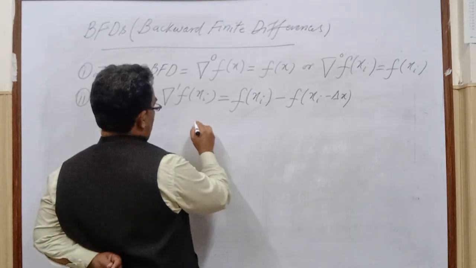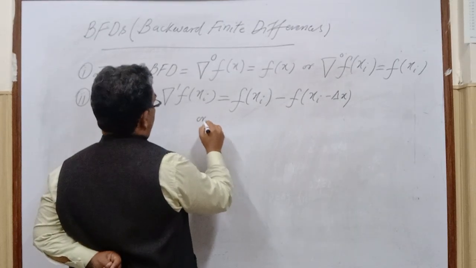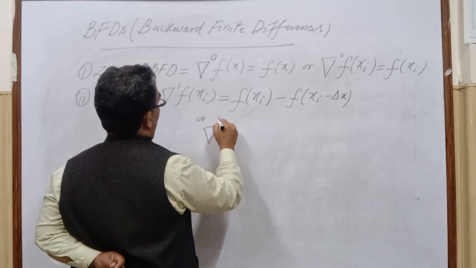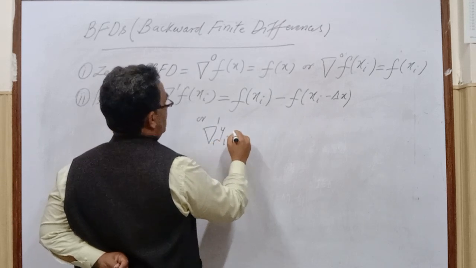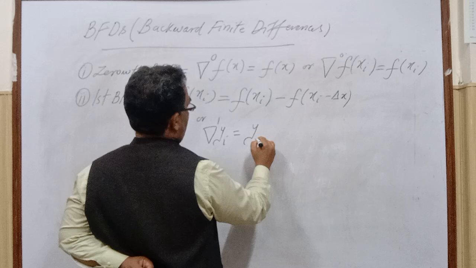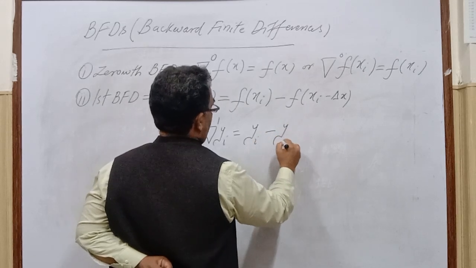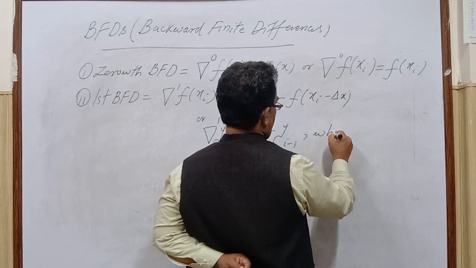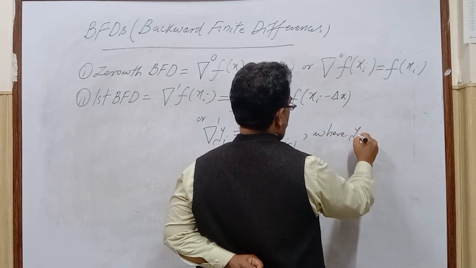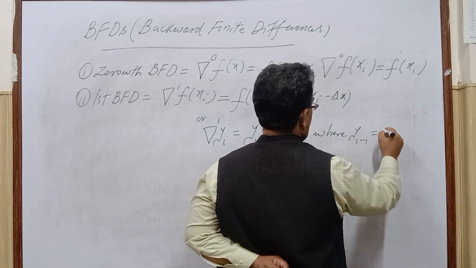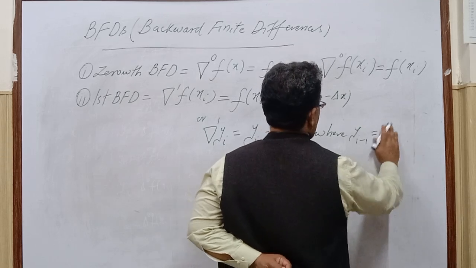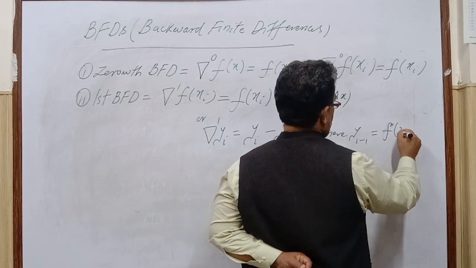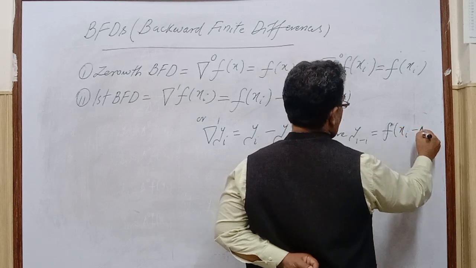Or in terms of y, if you write it like this, del 1 yi is written as yi minus yi minus 1, where yi minus 1 is actually equal to f of xi minus delta x.